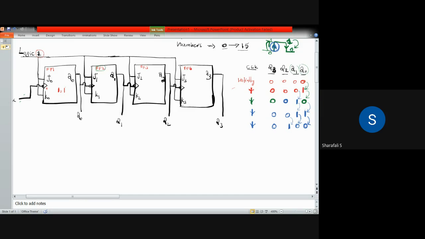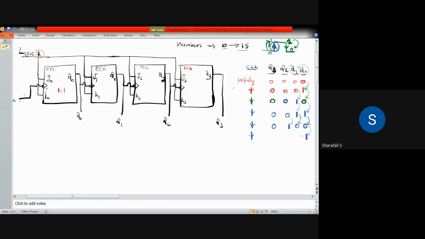And now if you consider the next edge of the clock pulse, again Q0 will change. Q0 continuously toggles alternately. Q0 is changing from 0 to 1, the positive edge of that Q0 pulse.